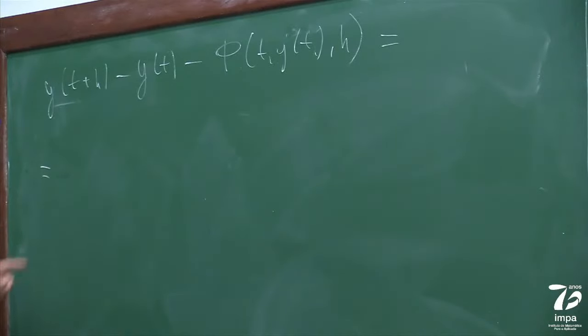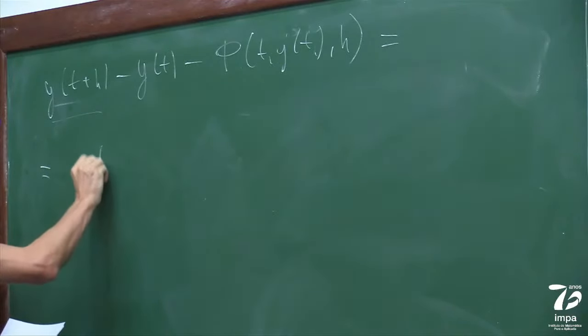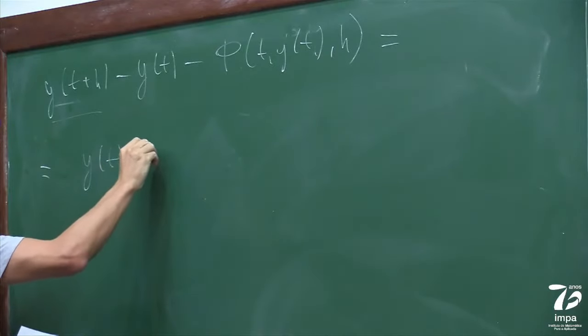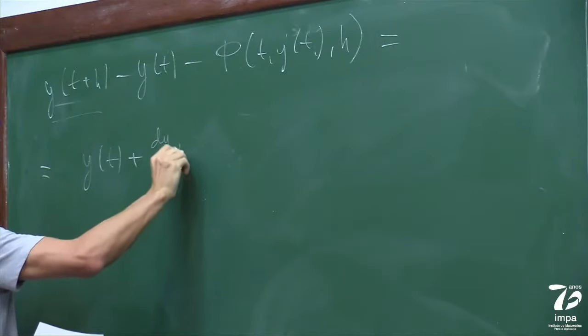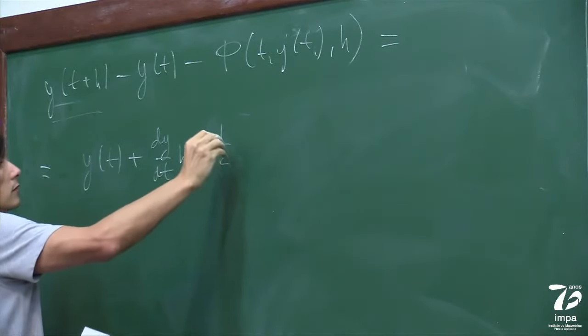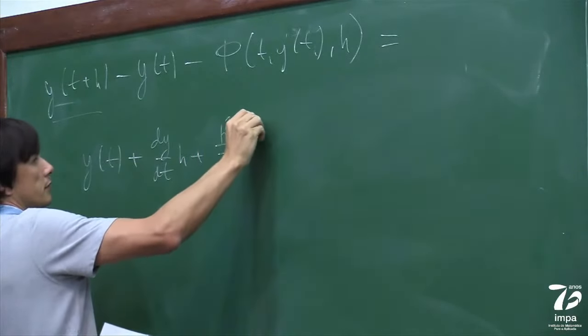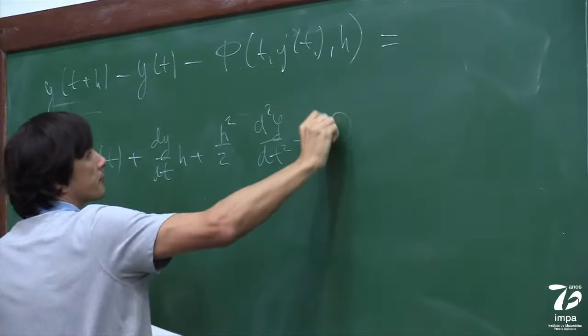So let's expand. First we expand y. In Taylor, y is y(t) plus dy/dt times h, plus 1/2 h squared d2y/dt squared.